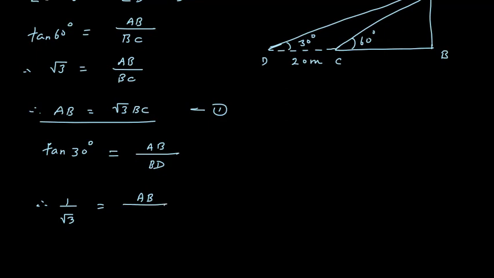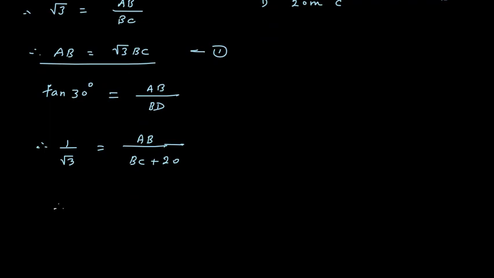So BD has two parts, one is BC plus this 20 meter. So again from here I will say that AB is equal to (BC plus 20) divided by root 3. Okay, let us consider this equation 2.